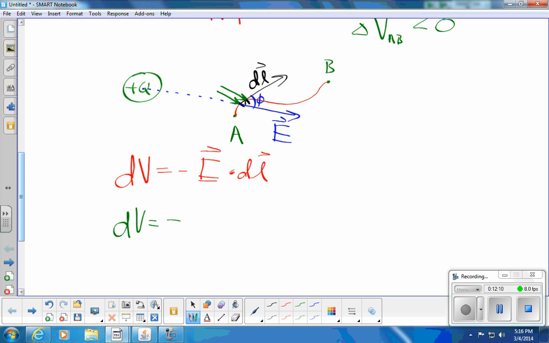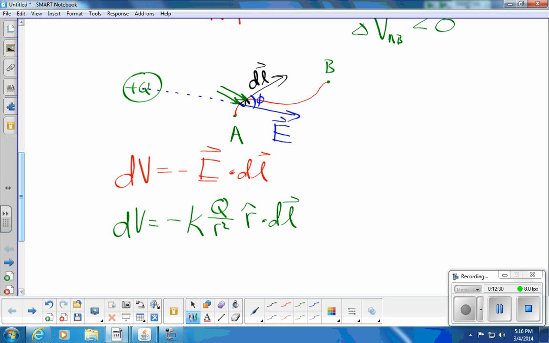For this E vector, I'm going to plug in the expression that I came up with earlier, which is kQ over r squared times the unit vector r hat, dot dl. This is the change in potential for one teensy tiny little step.